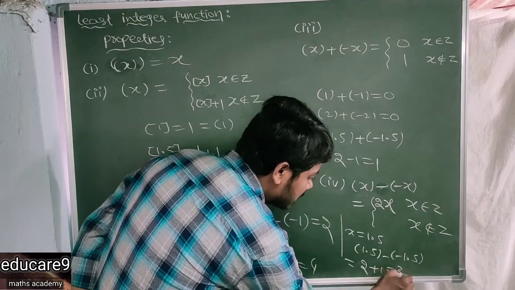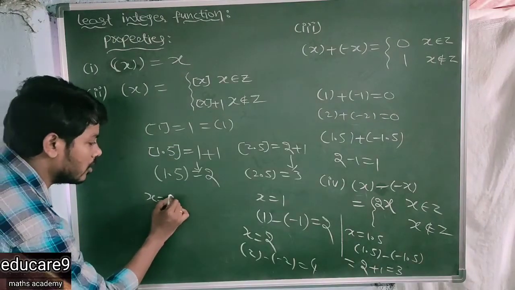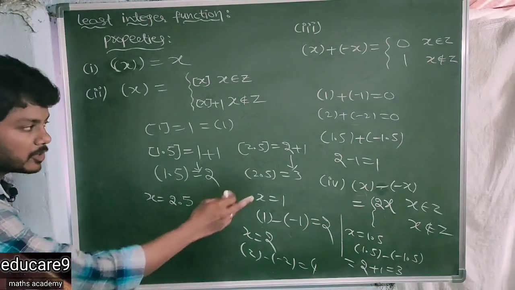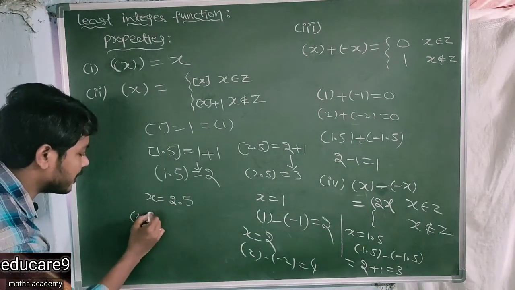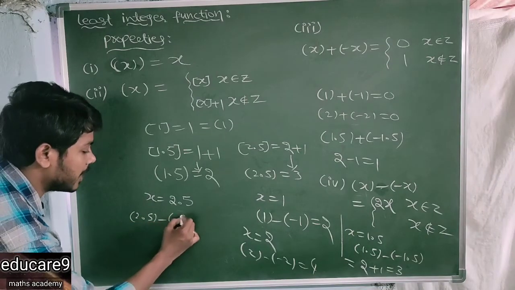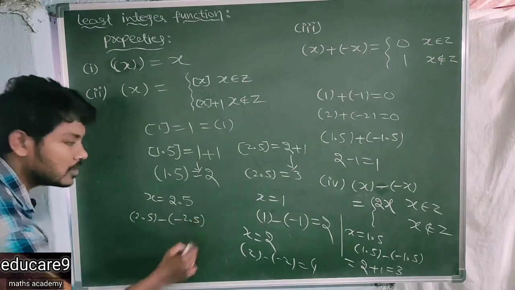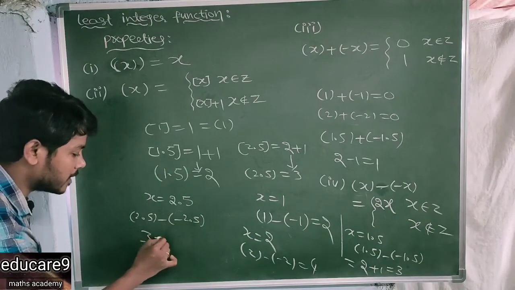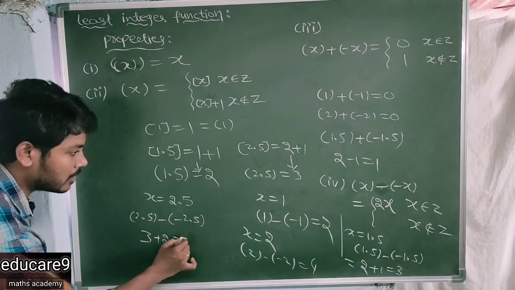You get 3. For example, x is equal to 2.5. Substitute there, bracket of 2.5 minus of minus 2.5. This value is 3, and this value is minus 2, you get plus 2, 5.